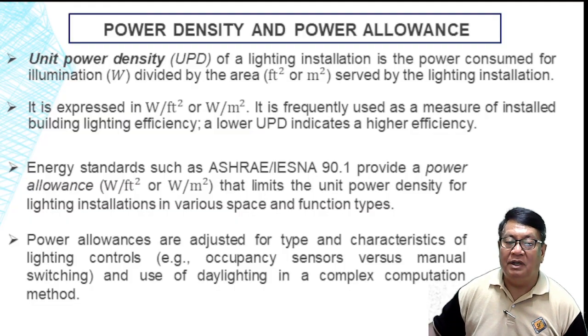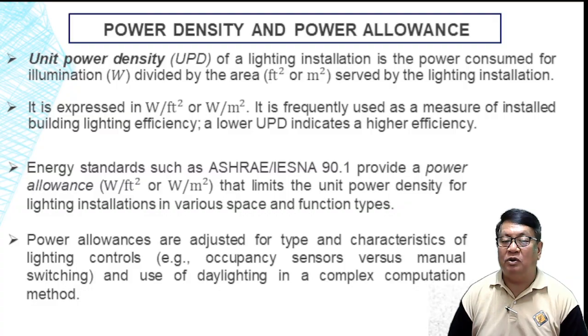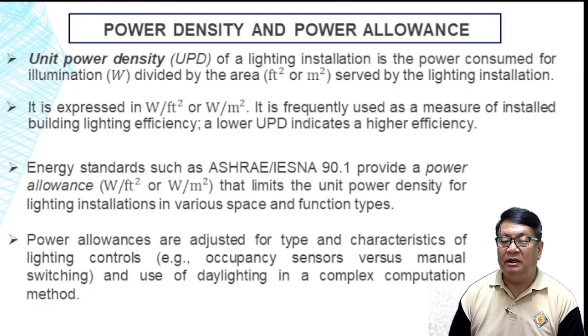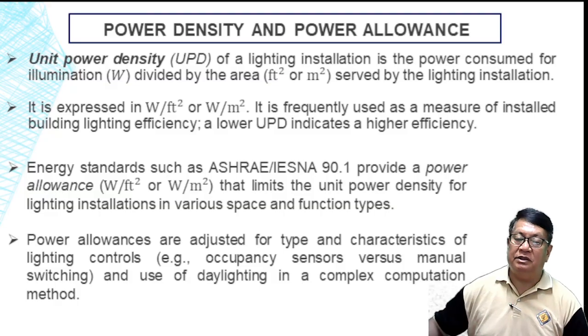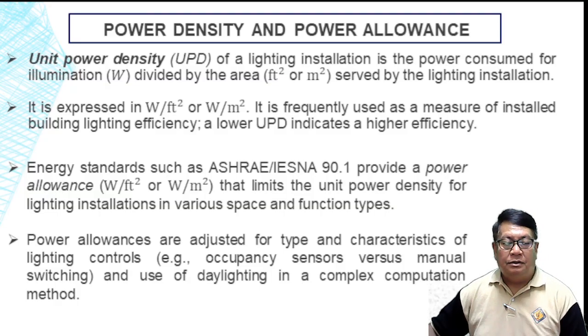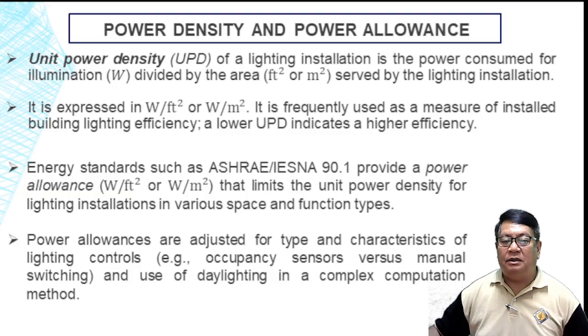We have this unit power density, or UPD, for lighting installations, and the power consumed for illumination in watts divided by the area, either in square feet or square meters. So this unit power density, or UPD, is expressed in watt per square foot or watt per square meter.